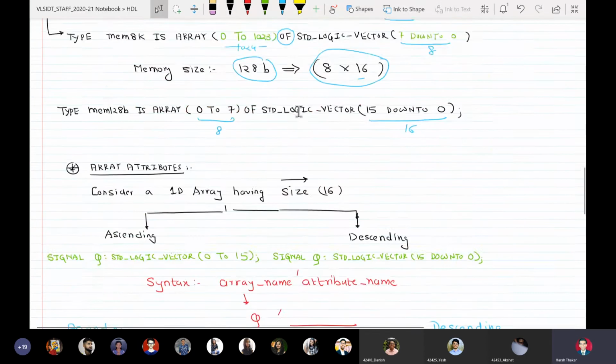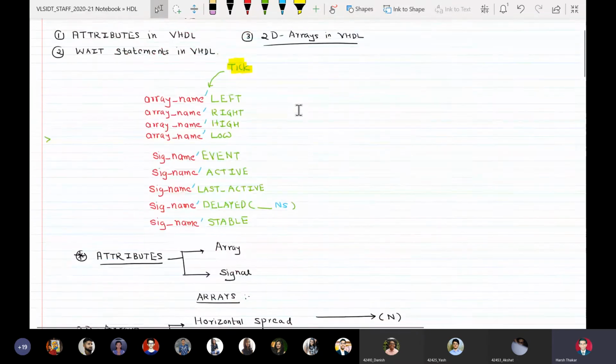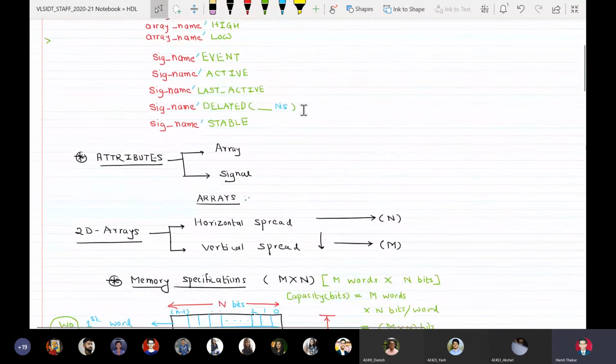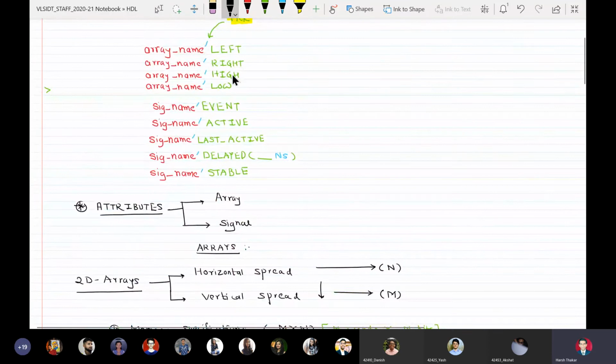So there are 5 of them, as we told: event, active, last active, delayed, and stable. Okay, so we have to write down what is returned. Signal name tick event returns true if the value of the signal name changes.